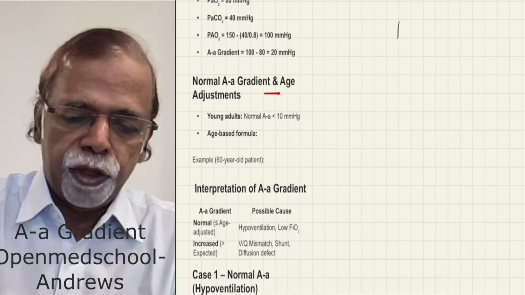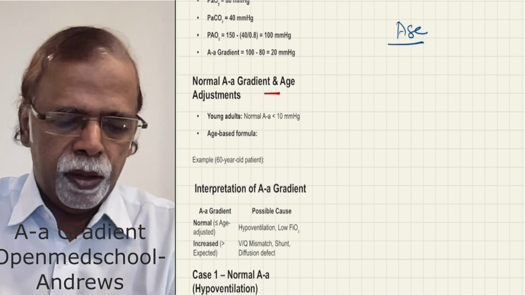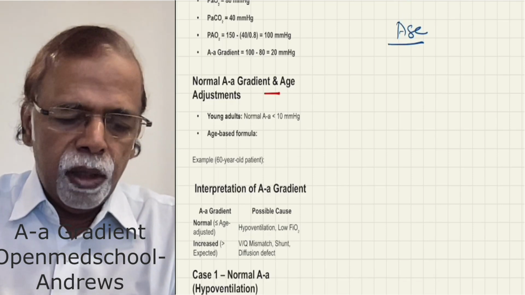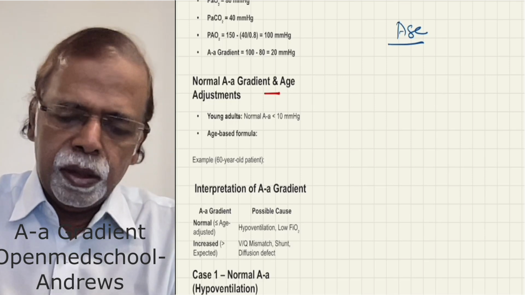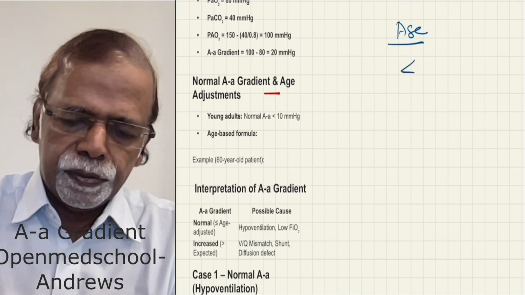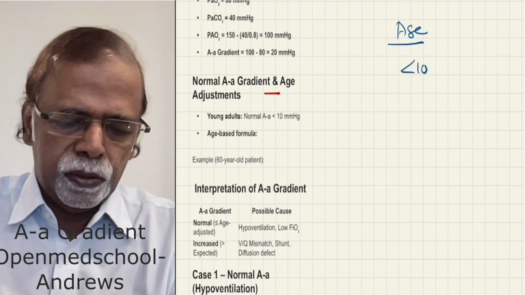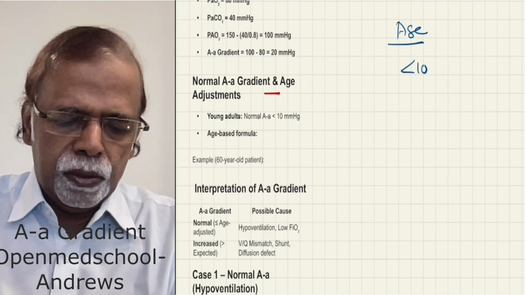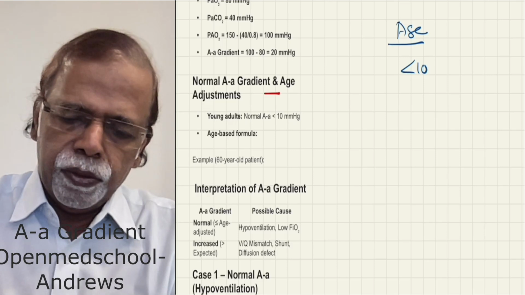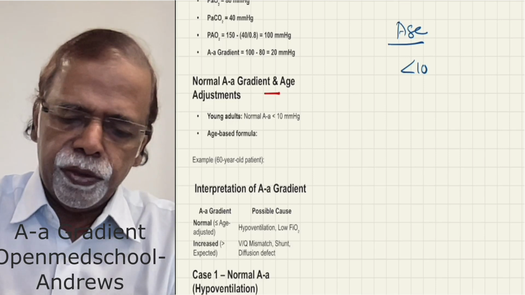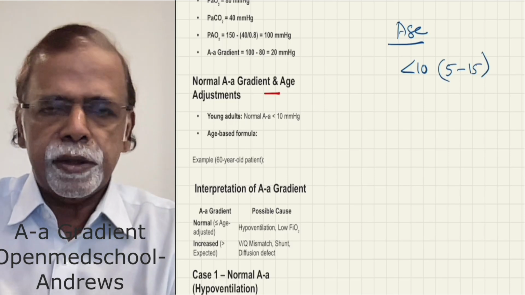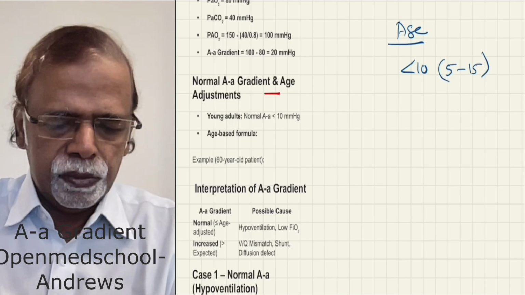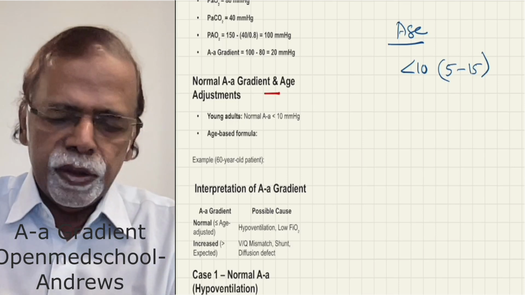The normal is taken as less than 10, or we can take 5 to 15 millimeters of mercury as normal. As age advances, it increases.